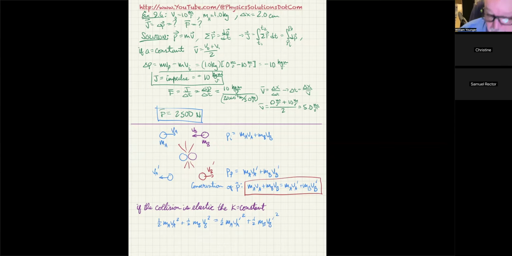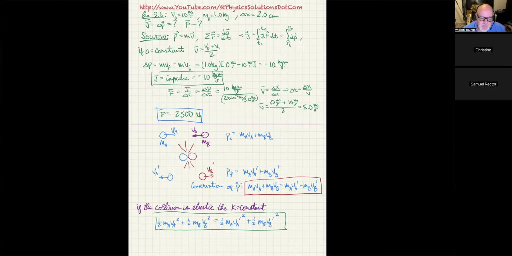And notice how I made a point to write the 2 way up above the prime so it didn't look like an exponent of 12. But that is our equation for conservation of kinetic energy, at least for a two-particle collision. Kinetic energy before the collision total is equal to the kinetic energy after the collision total. Any questions on that?